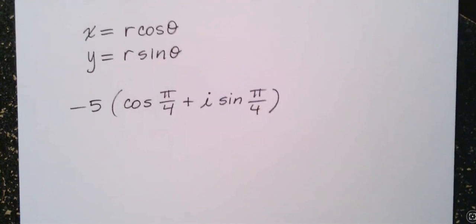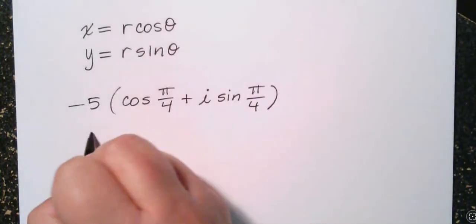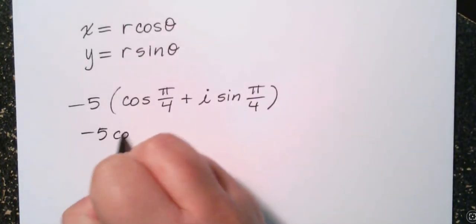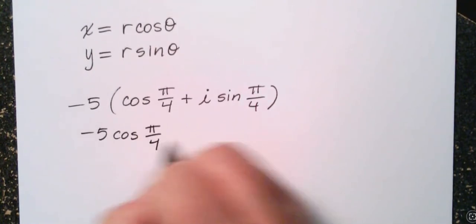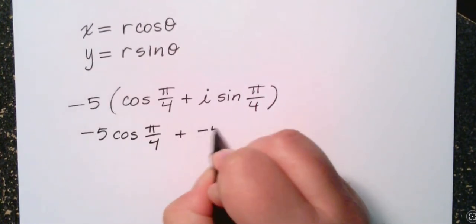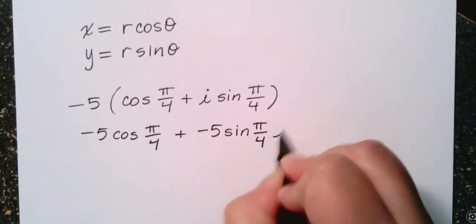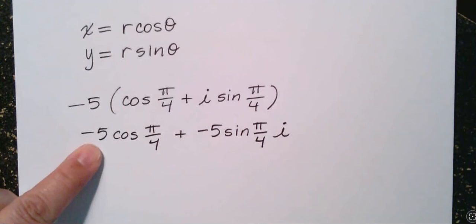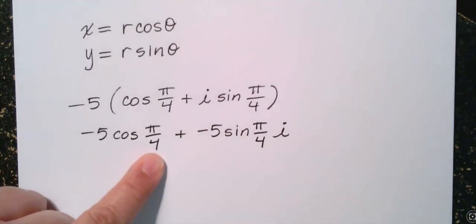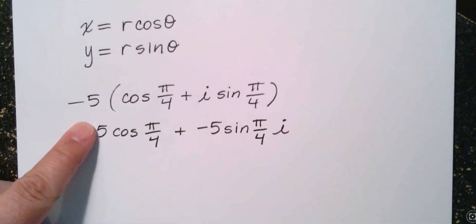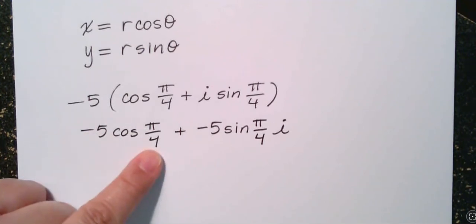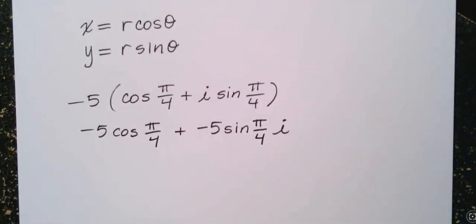Now what this is the same as is this is just like this, negative 5 is factored out. The -5 is the radius, and the pi over 4 is the angle of rotation. So that's kind of like your r and your theta. So that's why that's considered to be in polar form.